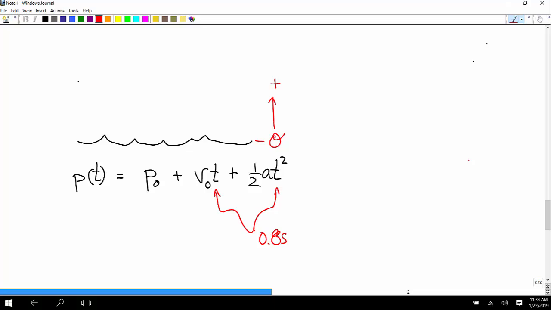What's the velocity of the rock at time equals 0? 0, yep. So this is 0. What's the acceleration during this motion? And it's negative because our positive is up. If we would have chosen our positive direction down, it would be positive 9.81. This negative sign is important.